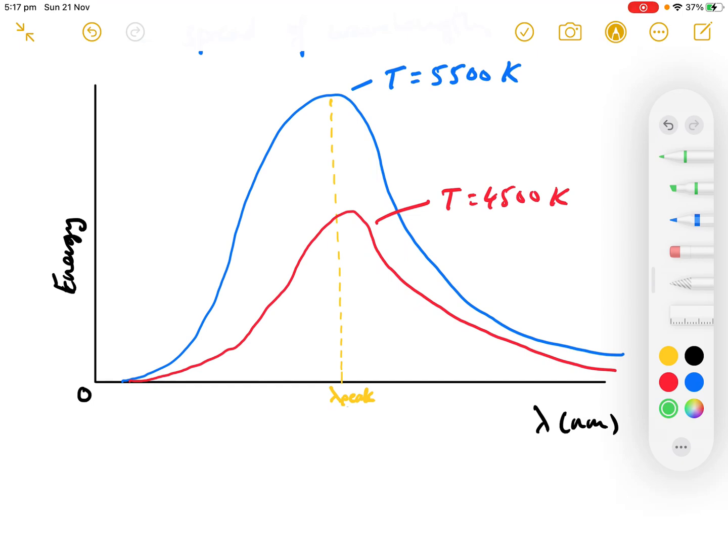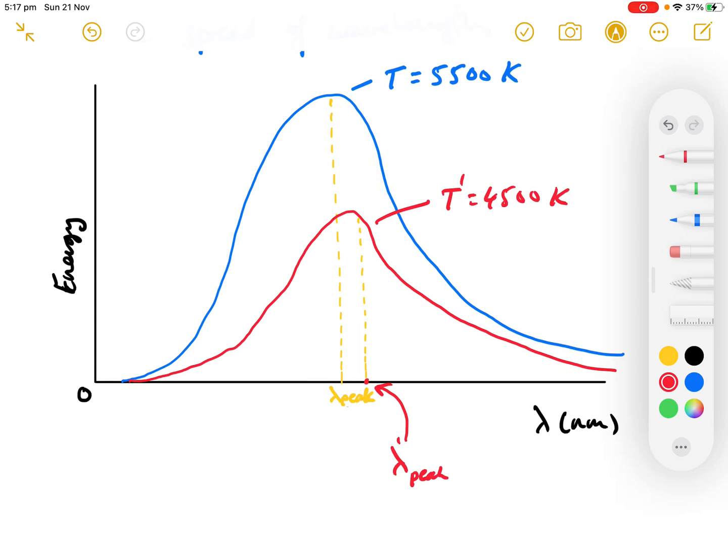Now, if you look carefully, you'll see that the peak of this one has a different value. So lambda peak, I'll do a wee arrow around there to show you that. So this is lambda peak. I'll call it lambda dash, and I'll call that T dash just so that you know it corresponds to the different one. So the peak is shifted a little bit to the right when the temperature goes down.